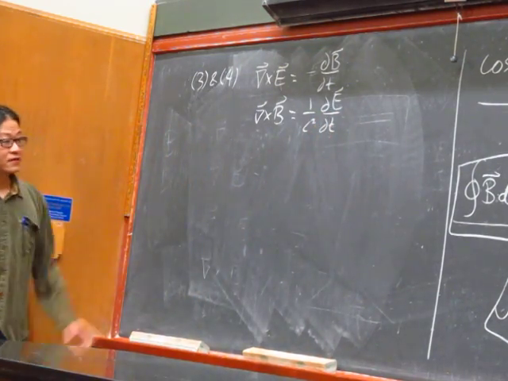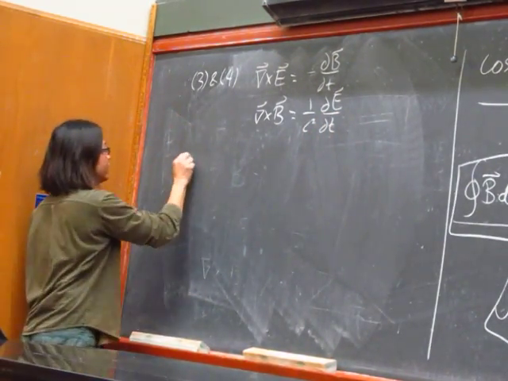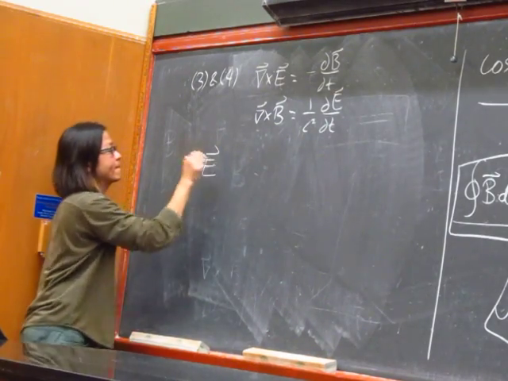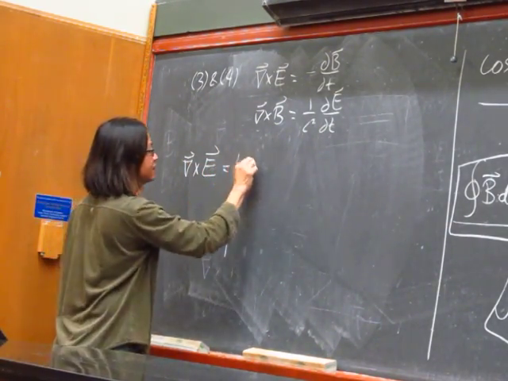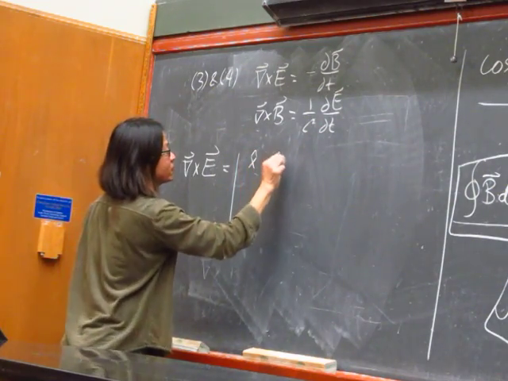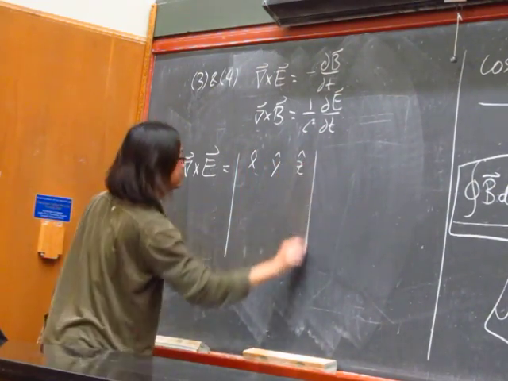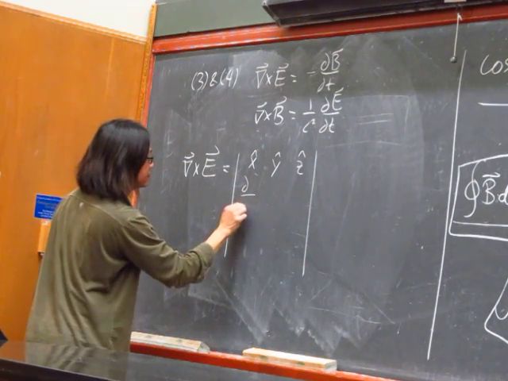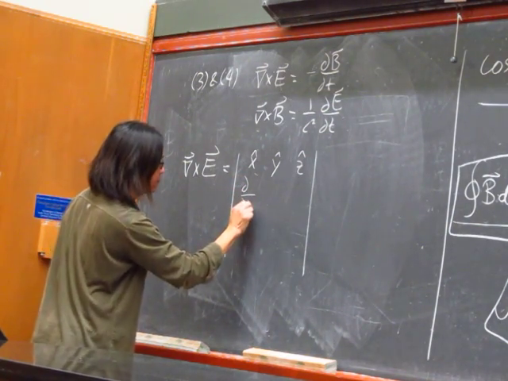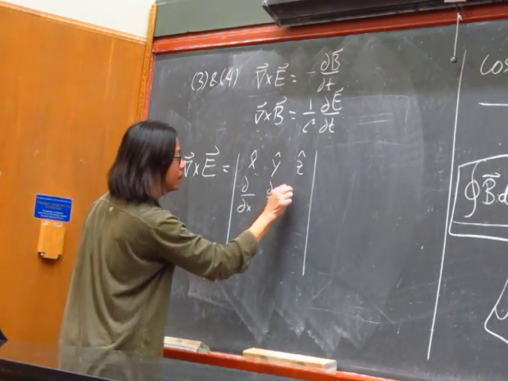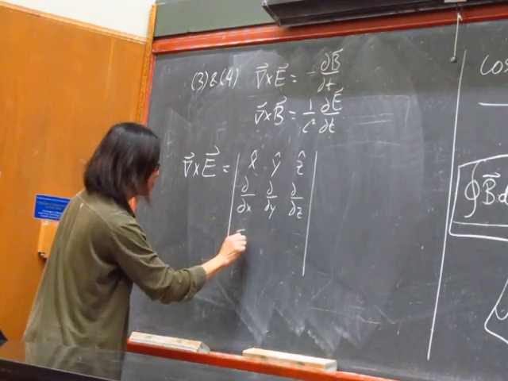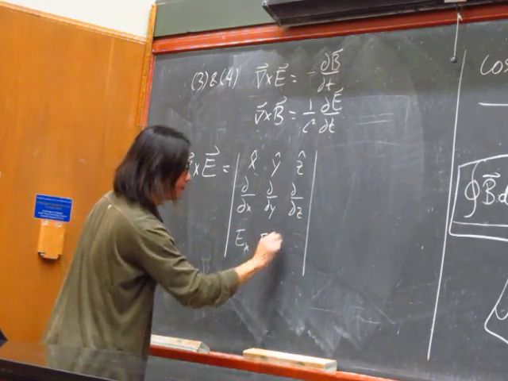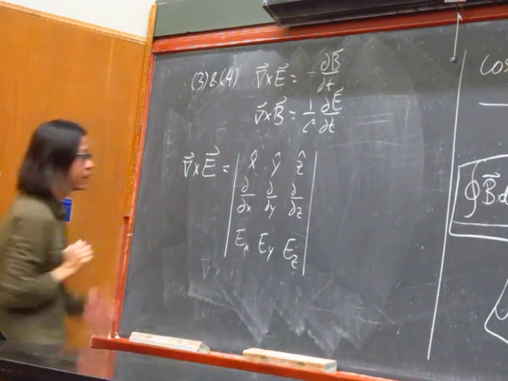Okay, so let's take a curl of E. What is the curl of E? Let's spell it out. It's the determinant of all these things here. If you're not familiar with this, you should review your math book. Okay.